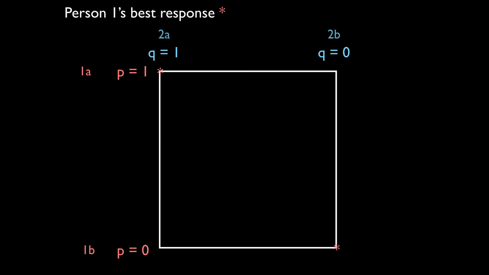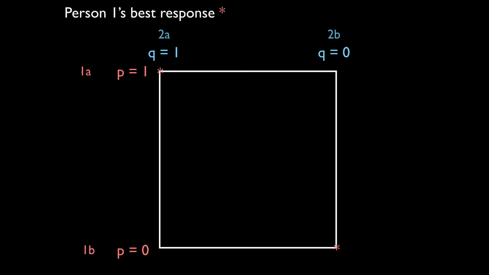If 2 plays A all the time, so Q is close to 1, person 1 will play A. If Q is close to 0, that is 2 plays B most of the time, person 1 will play B. At what Q does person 1 switch over from playing A to B?